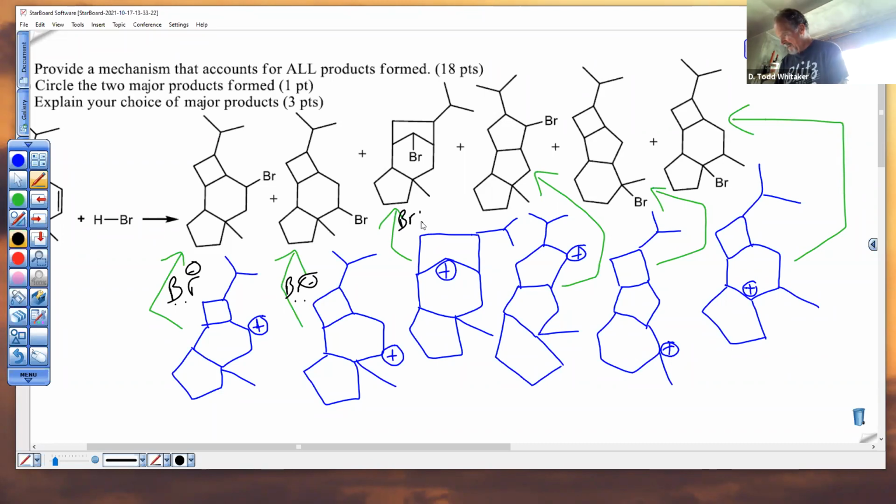And don't forget the minus. Oh, you do that? Forget the minus? Every time you do. If you do it 6 times, you lost 3 points. Every time you have a formal charge error, half point off.